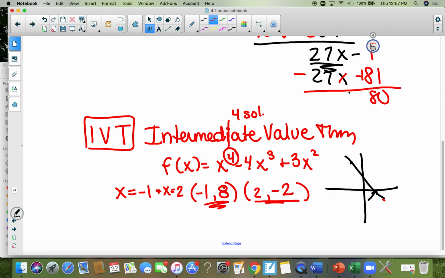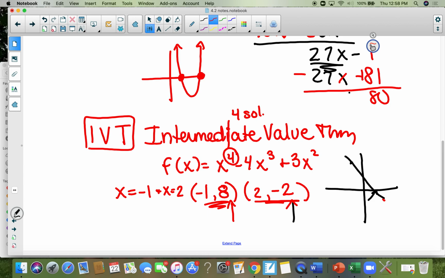So you're hoping that your y values are opposite signs if there's a solution in between. You're going to be asked to do that on the test, and you're going to be asked to do this in the book. It's called the intermediate value theorem. All it says is that there are solutions when a graph, for example a parabola, has a solution here and a solution here.